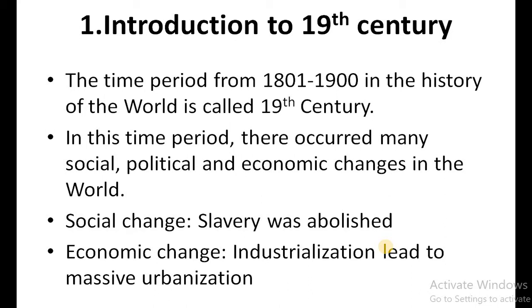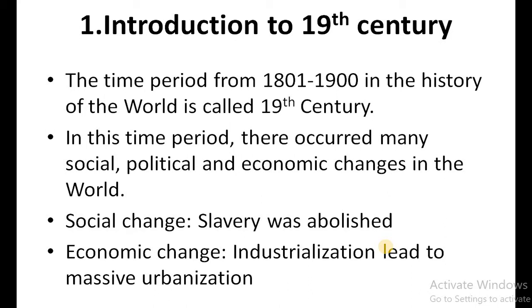If we particularly talk about British history, social change was accompanied by economic change. Before that there was an agrarian society, but later on, because of the development of science and technology, it became an industrial society. Likewise, the social condition of the people also changed.